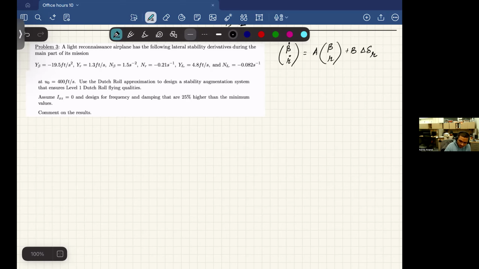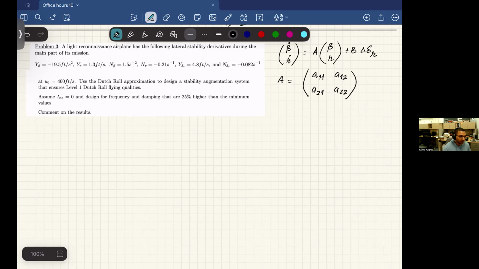Now, I know that A is going to be a matrix which has entries A11, A12, A21, A22. Now, how will I find out what is A11, what is A22? I look at the individual equations.